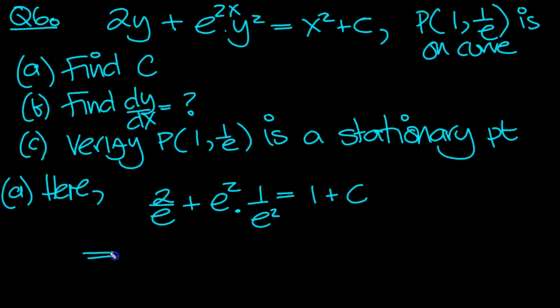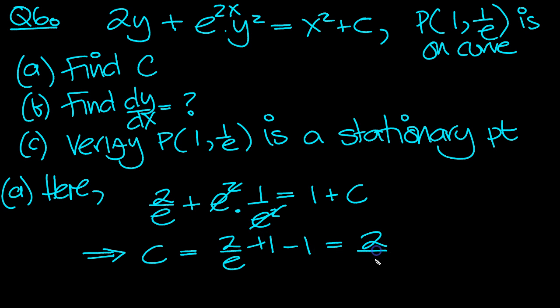So that tells us what c is. C is equal to, leave that as is and read from right to left, 2 over e. This cancels, we'll just get plus 1, and move the 1 over to minus 1. So it's 2 over e. There's c.